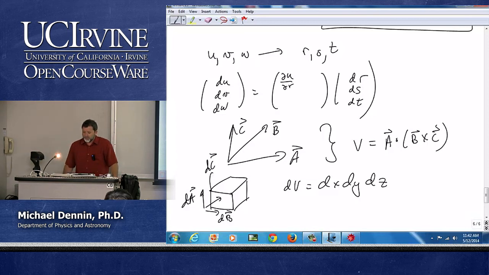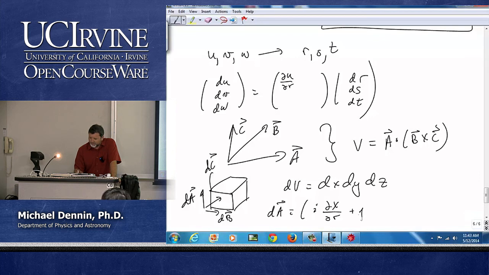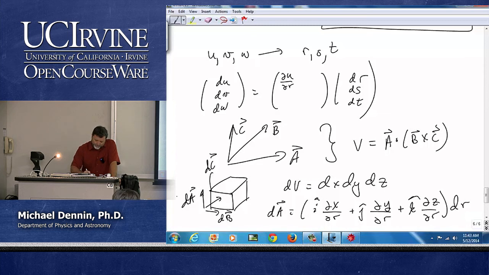And let's call them, in this case, let's suppose those are the r, s, t. So I would have, say, for dA, using my rules, it would have an i hat dx/dr plus a j hat dy/dr plus a k hat dz/dr if this was in the r direction.